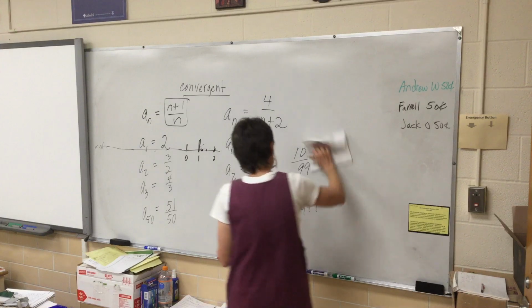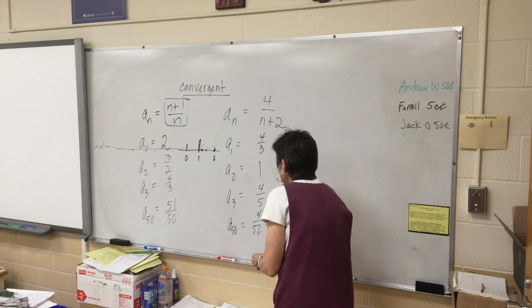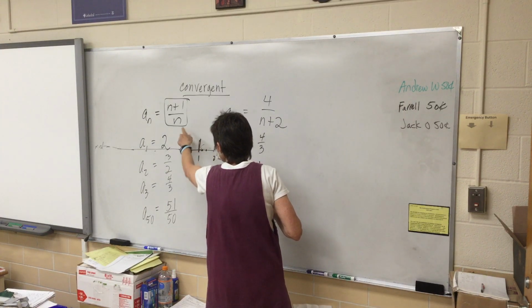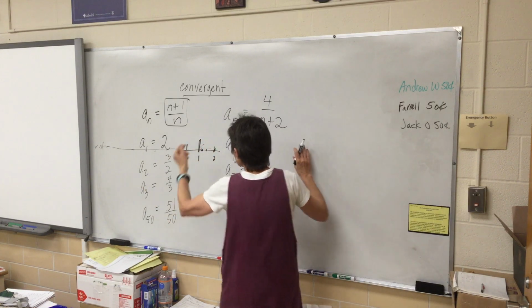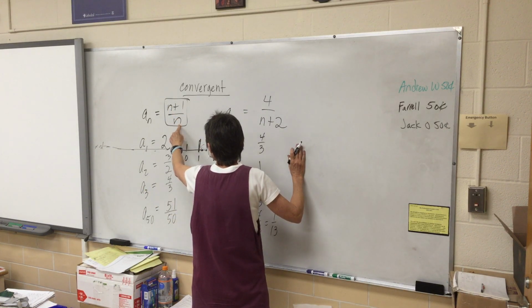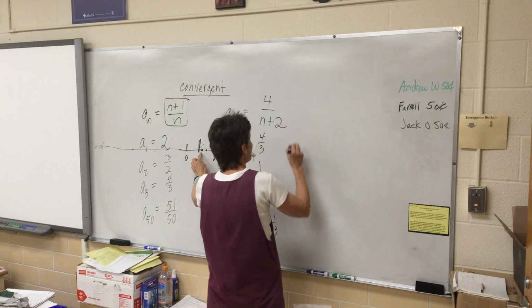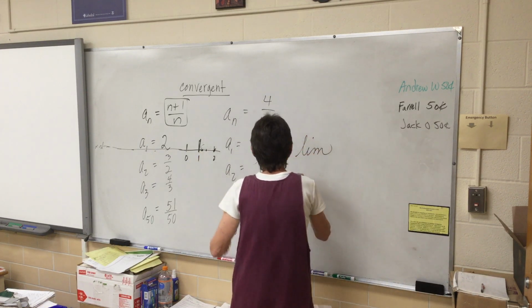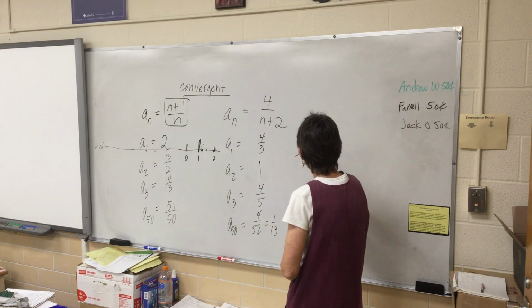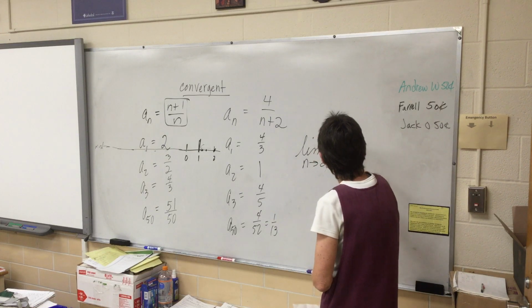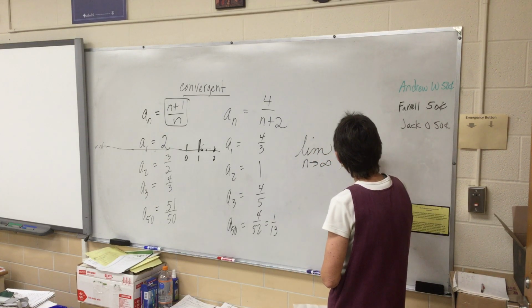The notation we would use to tell someone else that this sequence converges to 1 is this: the limit as n approaches infinity of our sequence is 1.